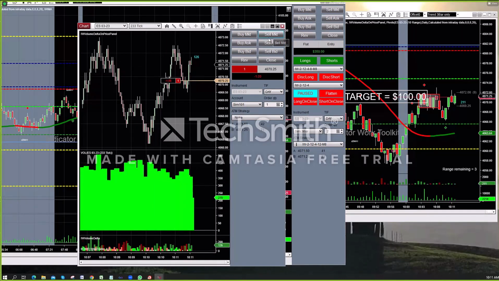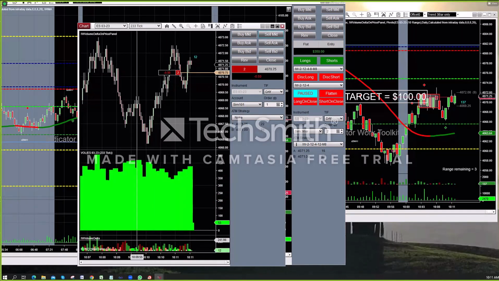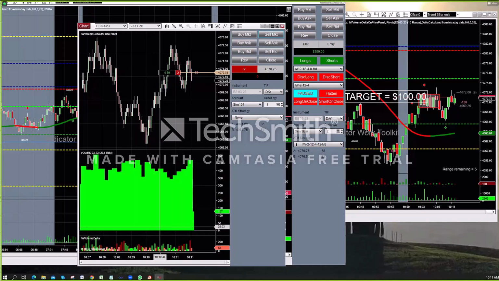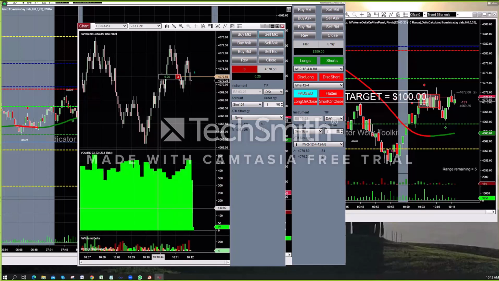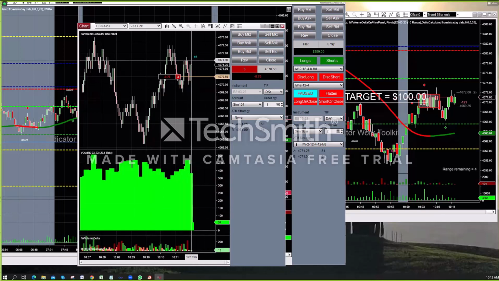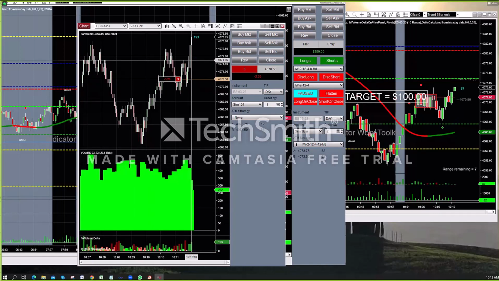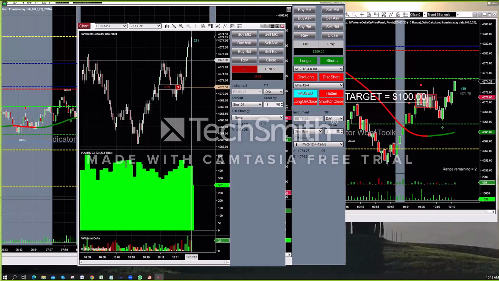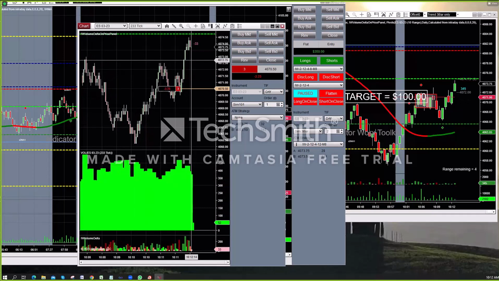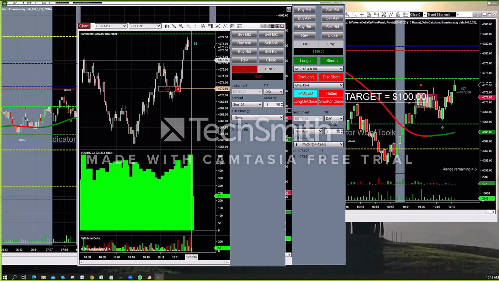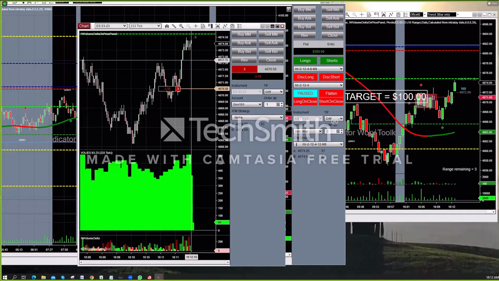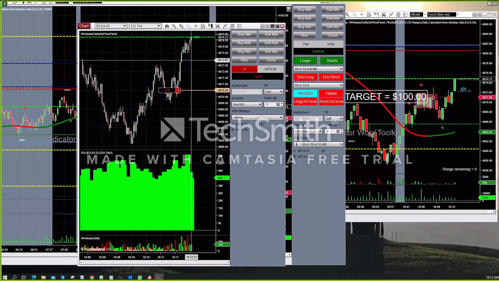So I can come over here and short it, and the next time that I hit the enter button, it's going to work again. It's going to short it again. But look, I click over here, now I hit the enter button and it's not doing anything. So I think what I need to do is, after I click any of these buttons, I need to put the focus somewhere else.